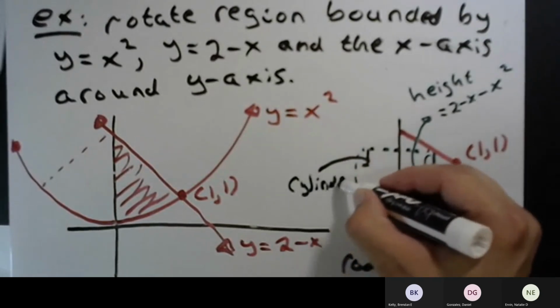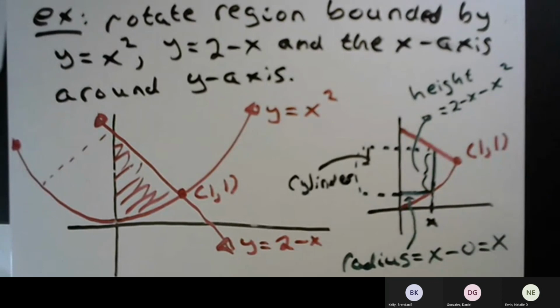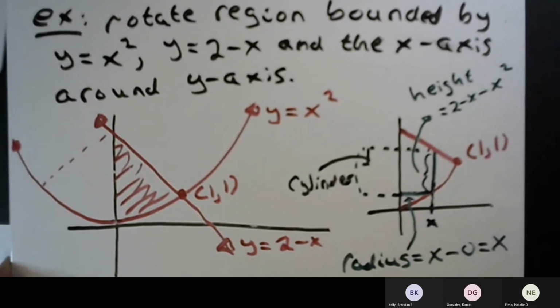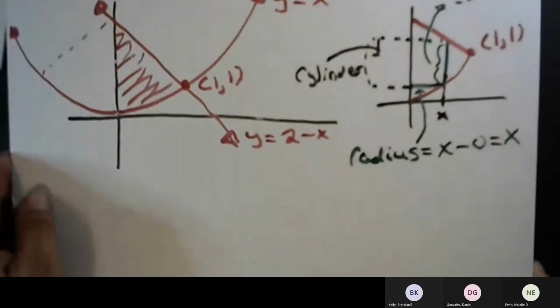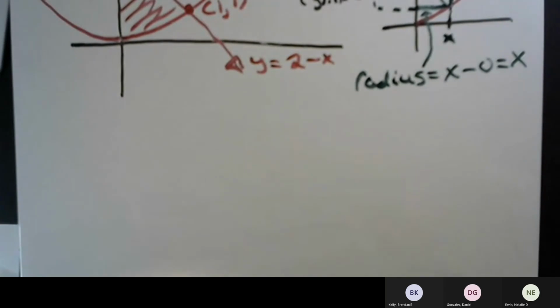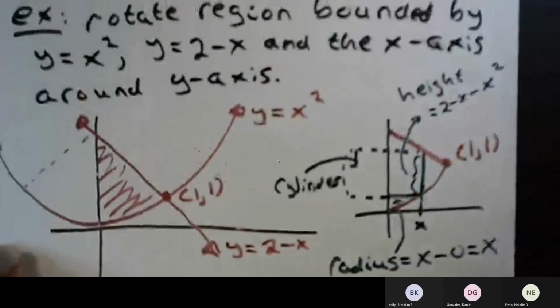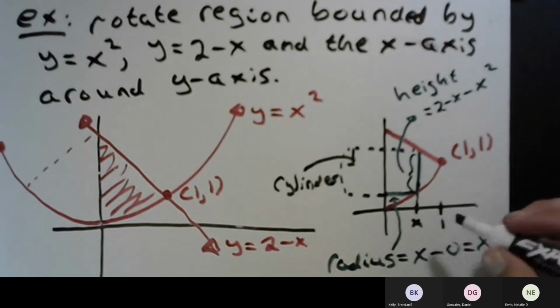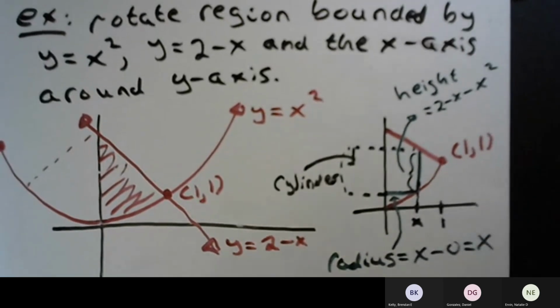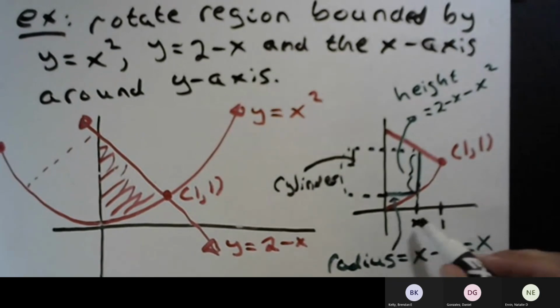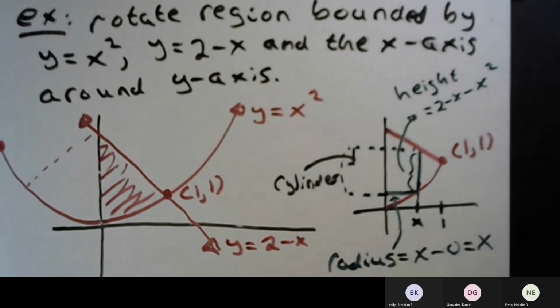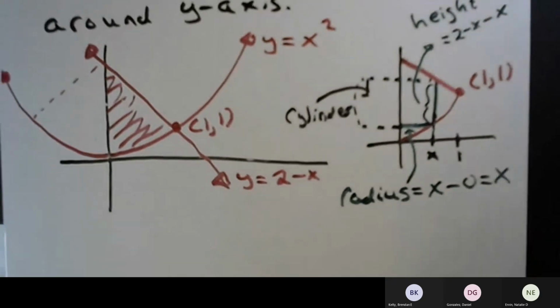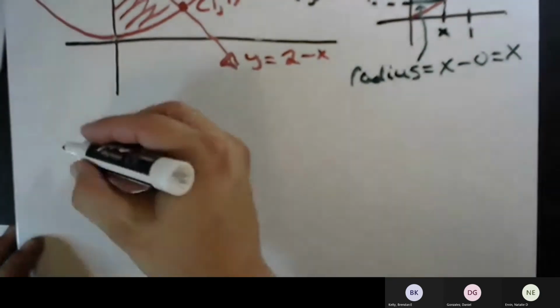This is our cylinder. So now we can do our computation. We know the height and we know the radius. For our bounds, we're going to go from x is 0 to x is 1 along all the possible radii, for all the cylinders.